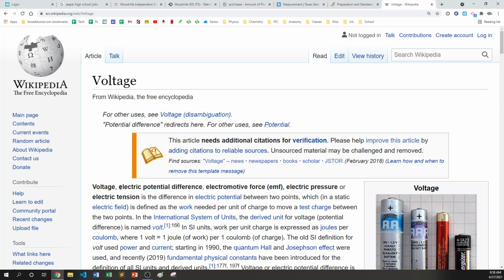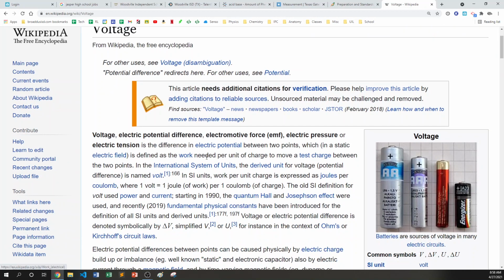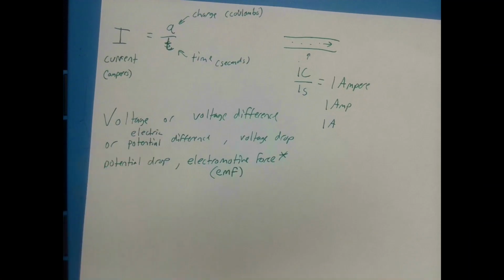The voltage, electric potential difference, electric pressure, electric tension is the difference in electrical potential between 2 points. It is defined as the work needed per unit of charge to move a test charge between 2 points. It's related to the potential energy.